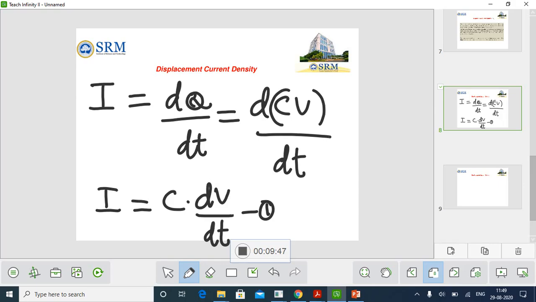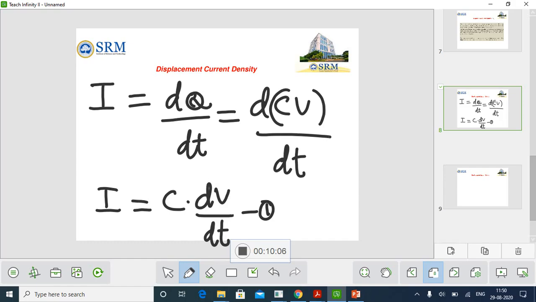Next, we would like to write the value of C. C is equal to how much? Epsilon A by d. In equation number 1, Q, C and V represent charge across the plates, capacitance and potential difference across the plates of the capacitor.